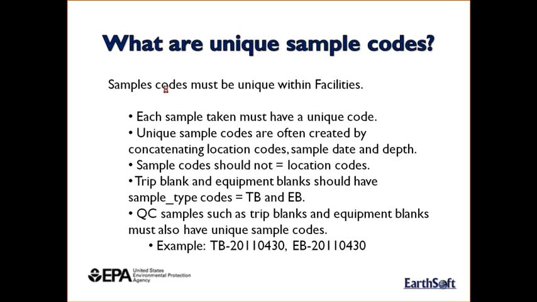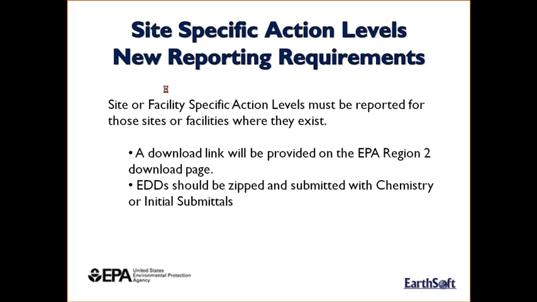One of the additional requirements for the EPA Region 2 version 3 format is that if you have site-specific action levels, you need to report them. And I will show you how you report them, but you need to report them, and there will be on the EPA Region 2 download page a little file that is the action level file.